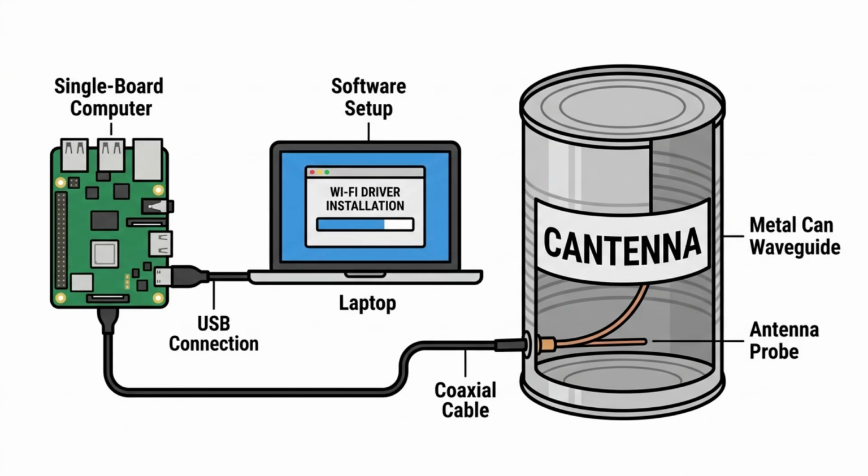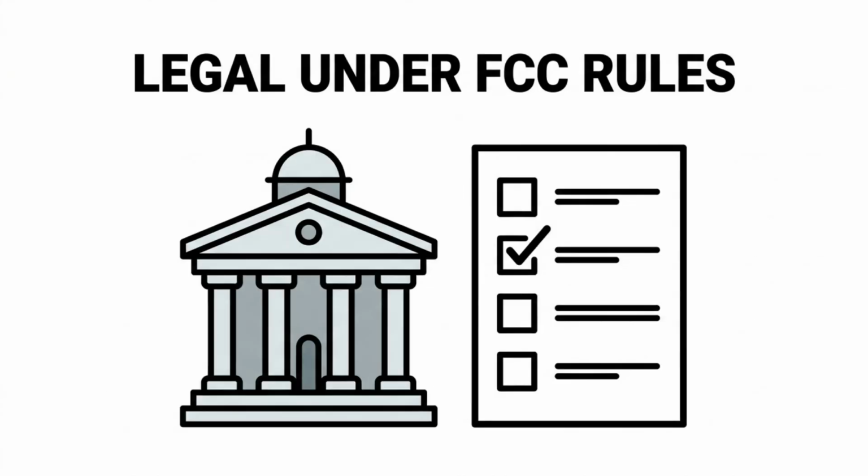And under United States law, small-scale, low-power, homemade radio experiments like these are actually legal as long as the builder doesn't sell them, doesn't interfere with licensed radio services, and stays under strict power limits.